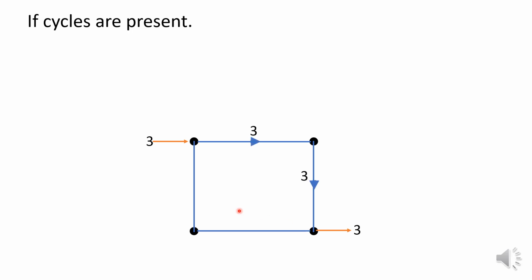Right, you can go along this path 3 and 3, or you can go along the other direction. So this is one possible solution to the network problem. And of course it's not unique because you can go along the other two branches also.